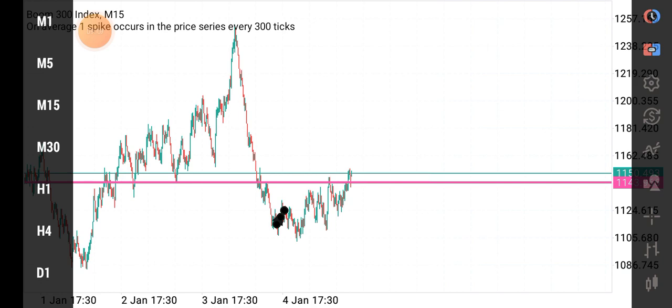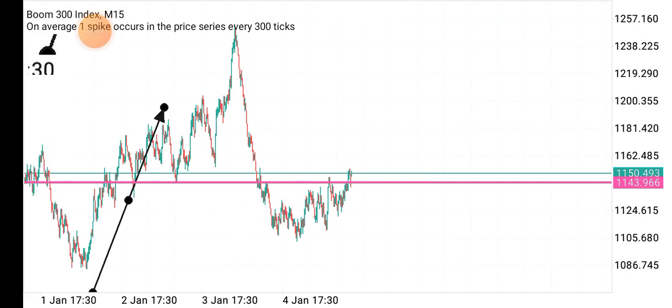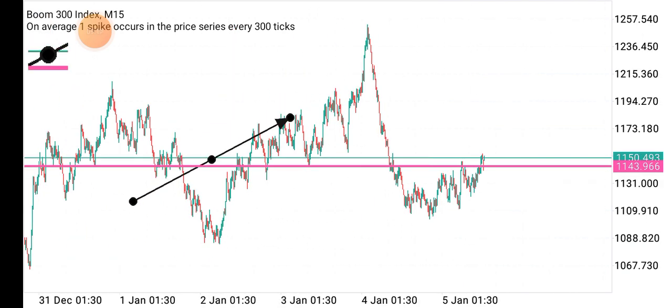So you can see the market came back and reacted on this zone, several times before it broke through and retested this zone. Now it's going to buy. Market is now going bullish. You can see it's creating higher highs and higher lows.